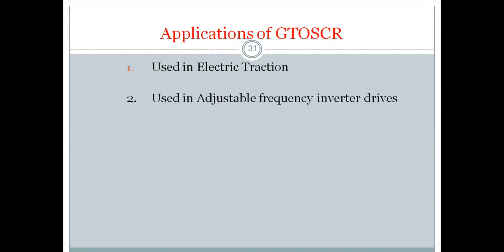And coming to the applications of the GTO SCR, it is used in electric tractions because of lesser weights, used in adjustable frequency inverter drives, used for rolling mills, used for machine tools, and also used in robotics.